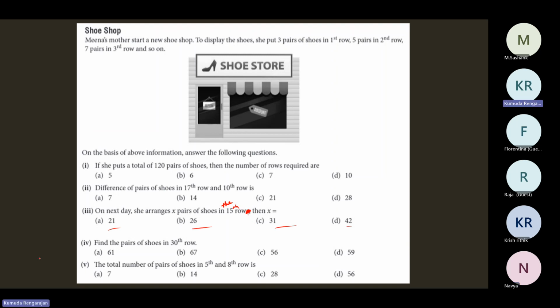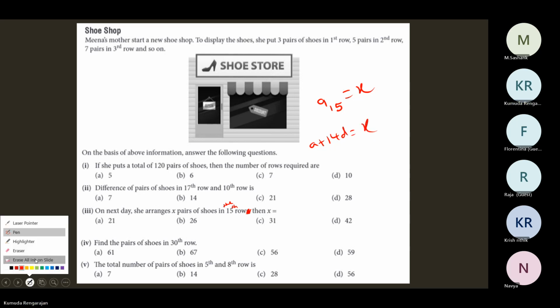On the next day, she arranges X pairs of shoes in the 15th row. So in the 15th row, A15, there are X shoes. So the 15th term is X. A plus 14D is equal to X.